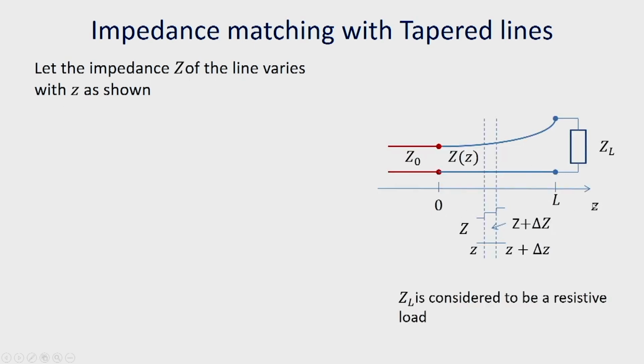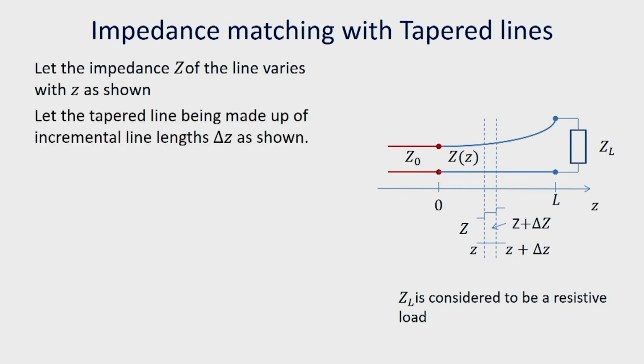So, at small z equal to 0, we have capital Z equal to Z0, and over a length L, this impedance capital Z changes to ZL. Now, what we can do? We can consider this tapered line being made up of incremental line lengths delta z as shown.